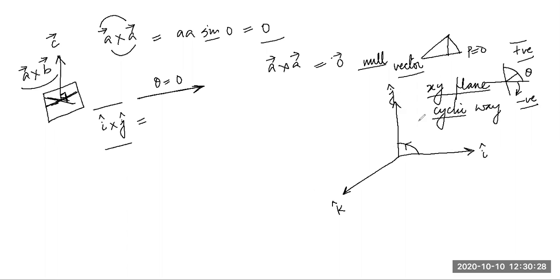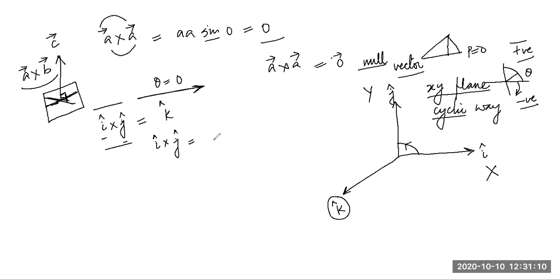I cap and j cap both are in the xy plane. And which axis is perpendicular to x and y? Z axis. Correct. So I cap cross j cap is k cap. See, this is a unit vector. And if you really look at what you said, Ishma, we will end up here only.